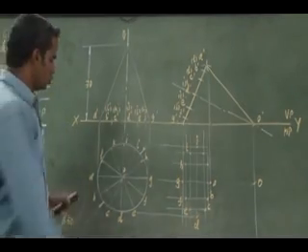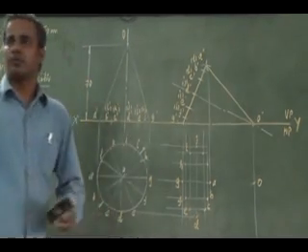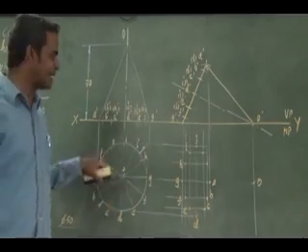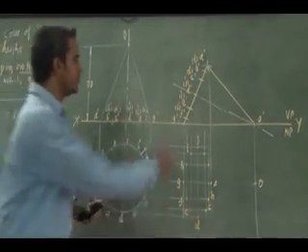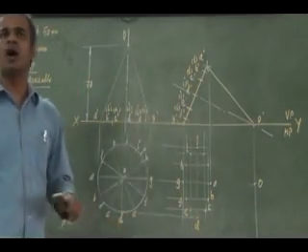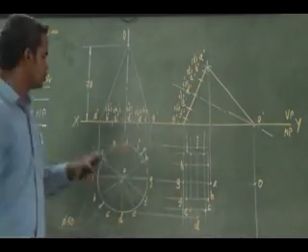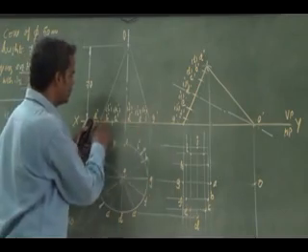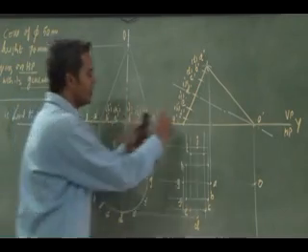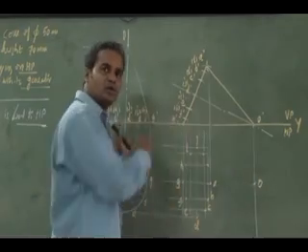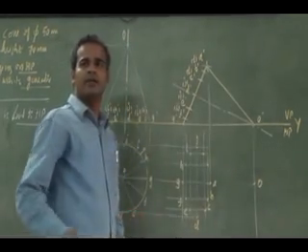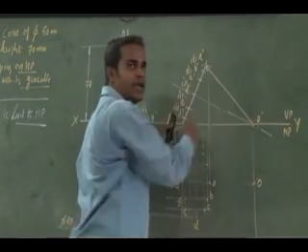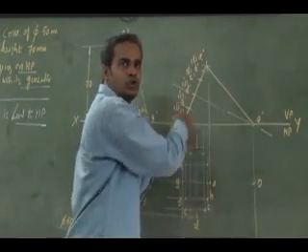To draw the view of the base circle, I have divided the base circle into 12 finite divisions. You have to mark those 12 locations on the base of the front view, and reproduce them neatly in your final front view. Then my final front view will be a triangle. That alone you should draw.